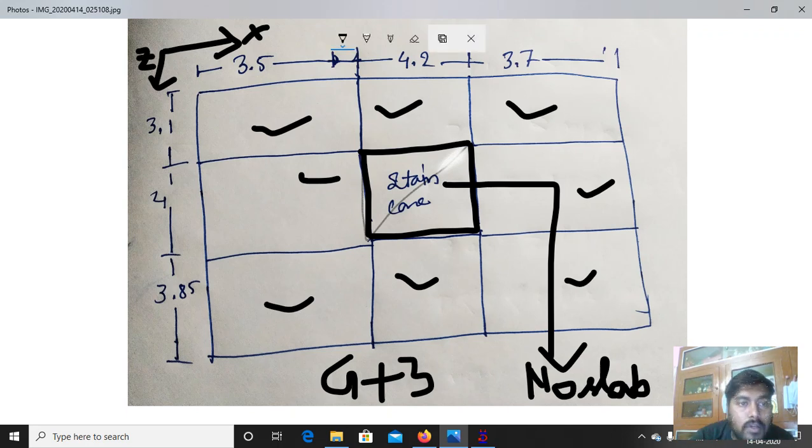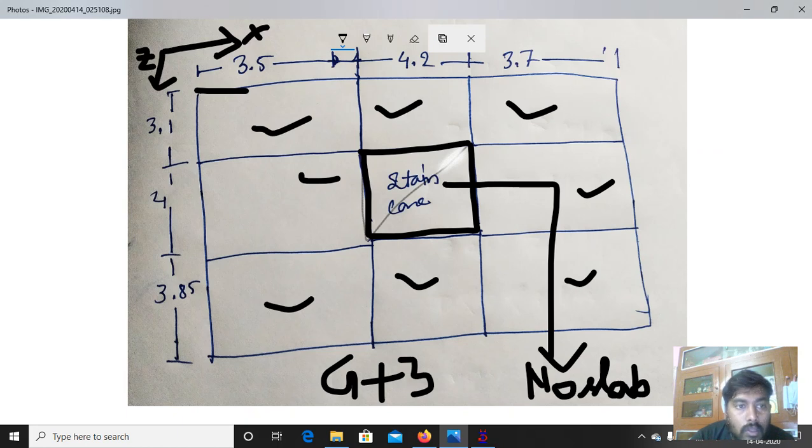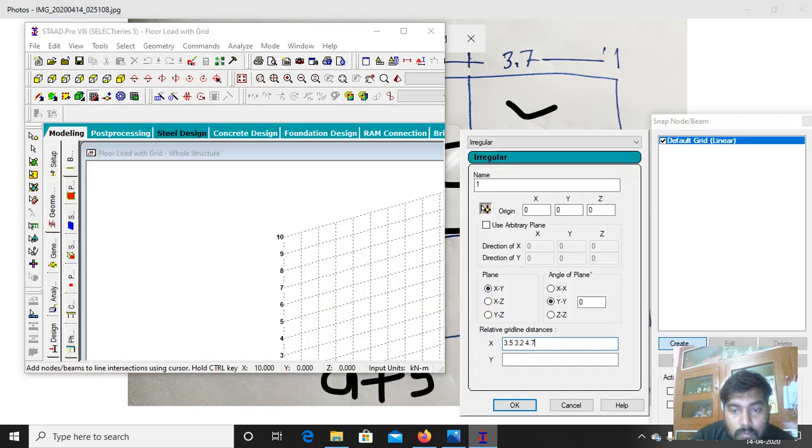So x coordinate, what are the grid points? 3.5, 3.2, 4.7 in the x coordinate. And what is the z coordinate? 3.1, 4, 3.85. Okay, so we are creating the xz plane because it's a slab structure we are creating in the xz plane.